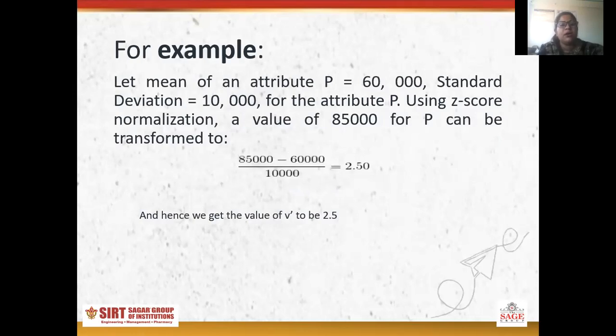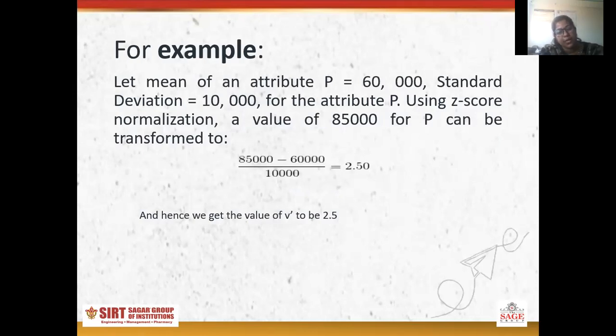Let the mean of an attribute P be 60,000, and the standard deviation of P be 10,000. Using Z-score normalization, a value of 85,000 has to be transformed.